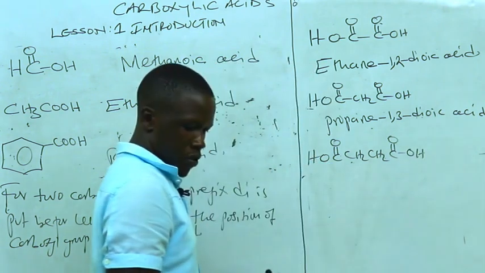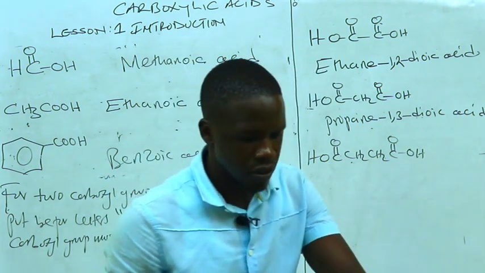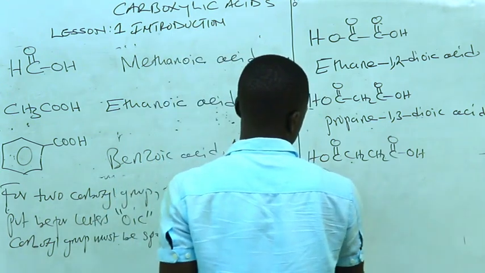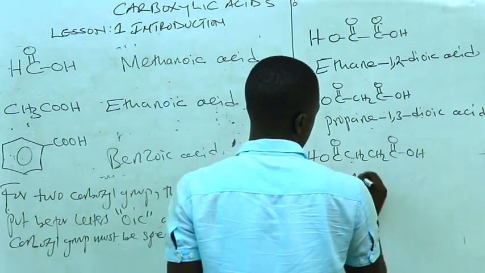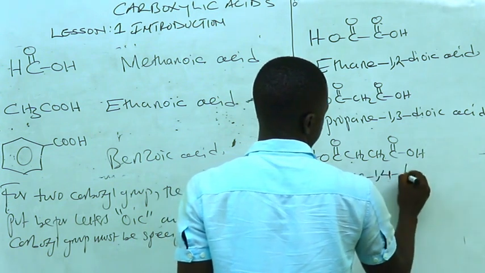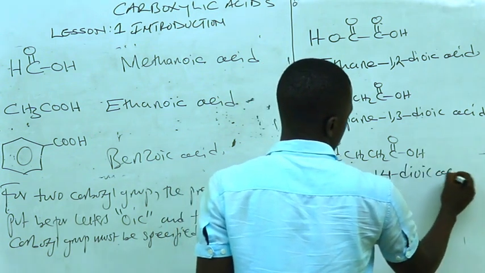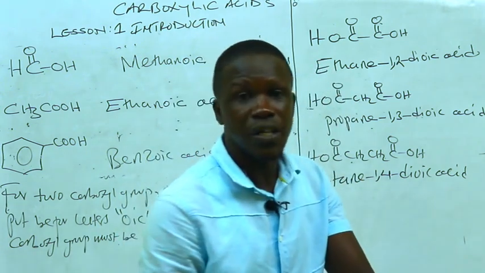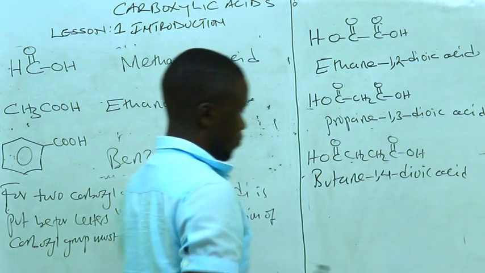These are 4. So this is butane-1,4-dioic acid. Then what if it was benzene?